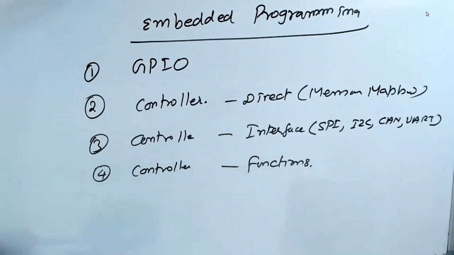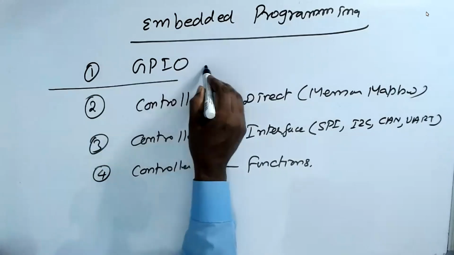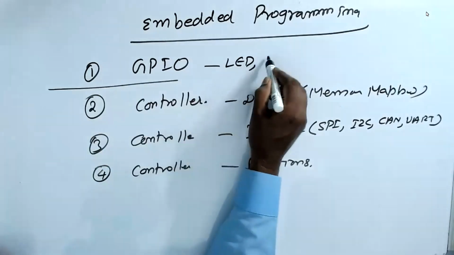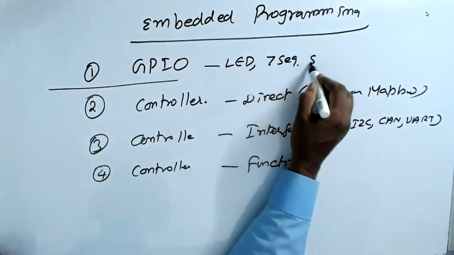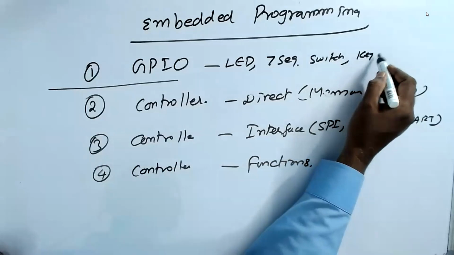So you have to divide them into multiple steps. Understand? First you have to cover this. In GPIO we only discuss LED, 7-segment, switch, keypad, dot matrix.